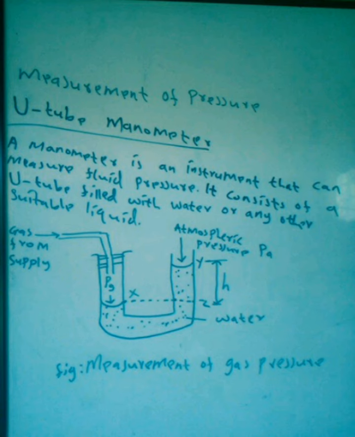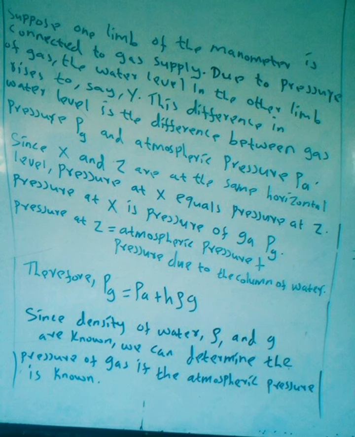Using that setup, we are going to see how we can determine the pressure of gas in that particular U-tube manometer. Suppose one limb of the manometer is connected to the gas supply. Due to the pressure of gas, the water level in the other limb rises to a position, say, Y. This difference in water level is the difference between gas pressure Pg and atmospheric pressure Pa.